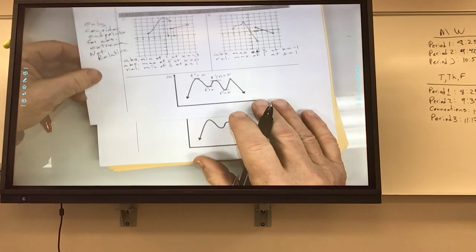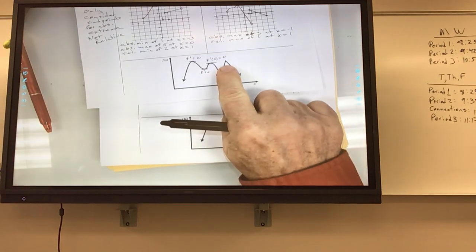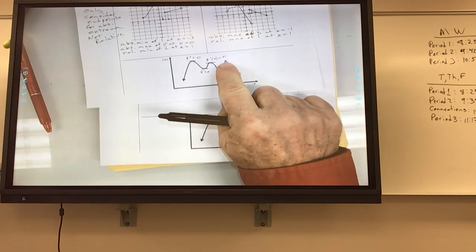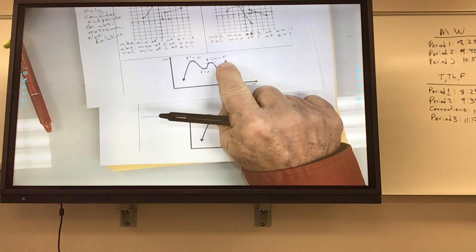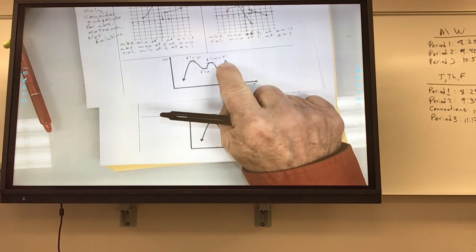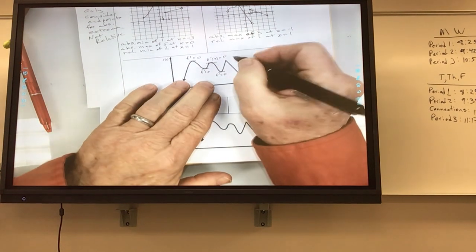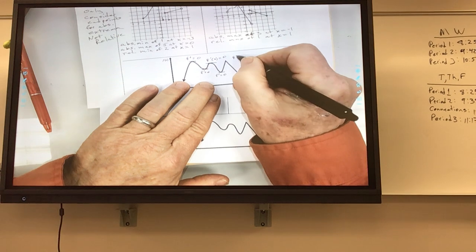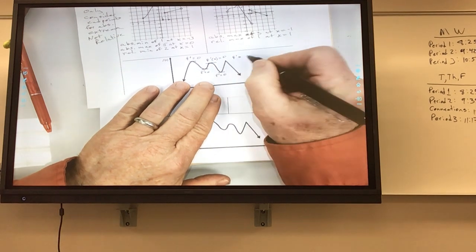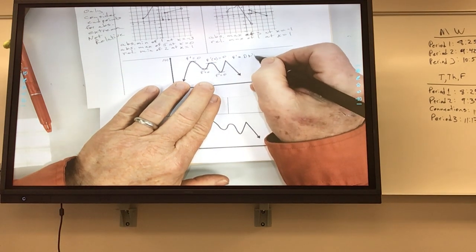Okay, Audrey? Can I put a horizontal line there? No. Why? It's a sharp point. But it turns around there, doesn't it? So it's important. So I'd expect that the derivative does not exist, right?